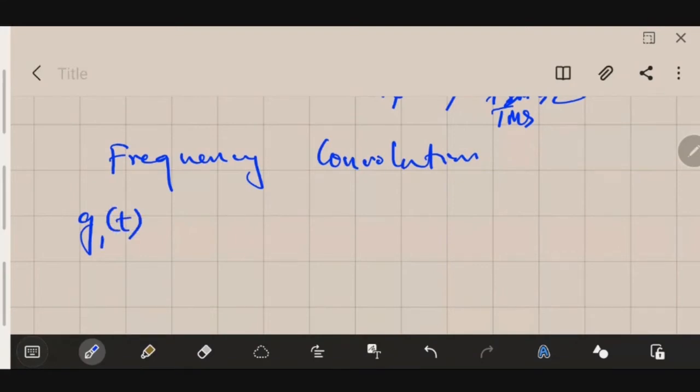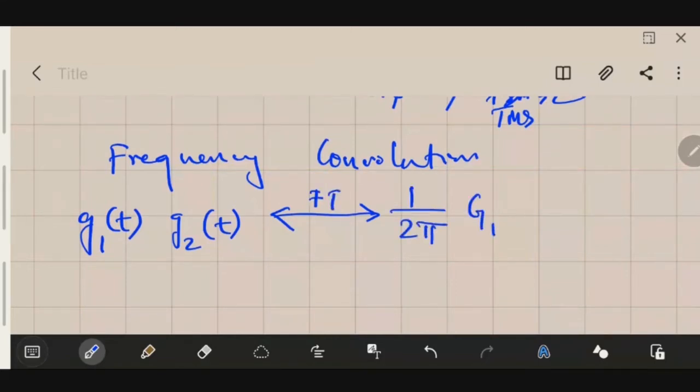This says g1 of t multiplied with g2 of t in the time domain is equivalent, taking the Fourier transform, to 1 by 2 pi times g1 of omega convolved with g2 of omega. So we could say that multiplication in the time domain is convolution in the frequency domain. Similarly, the other property said convolution in the time domain is multiplication in the frequency domain.